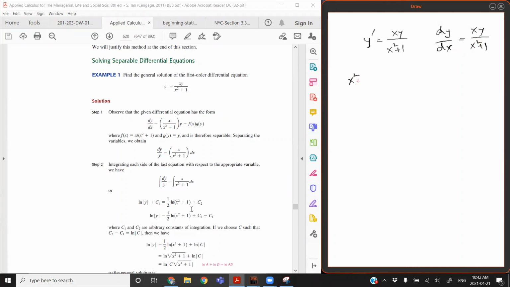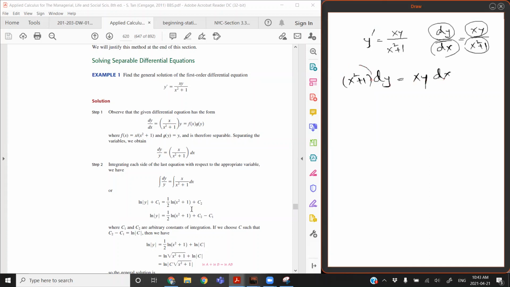I got x squared plus 1 times dy, so this times this is equal to this times this, xy dx. Now my goal is to have all the x's on one side and all the y's on the other side. I have the dy here, so I'm going to move all the y's here. I have the dx here, so I'm going to move all the x's here.